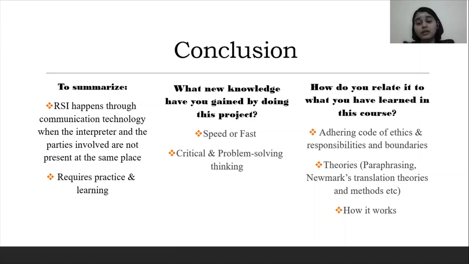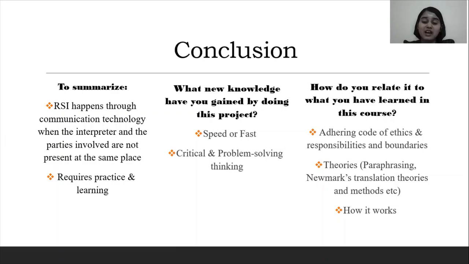As an example, I decided to explain one of the source language terms in the target language because I could not find an equivalent for the term in the target language. Thus, I applied critical and problem-solving thinking during the interpreting session.